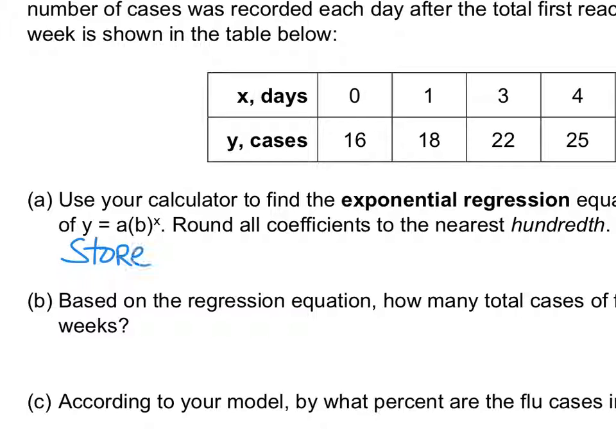Store regression in Y1, and again, that's alpha trace. Very good. Scroll down. So then calculate. So it gives you the whole shebang.